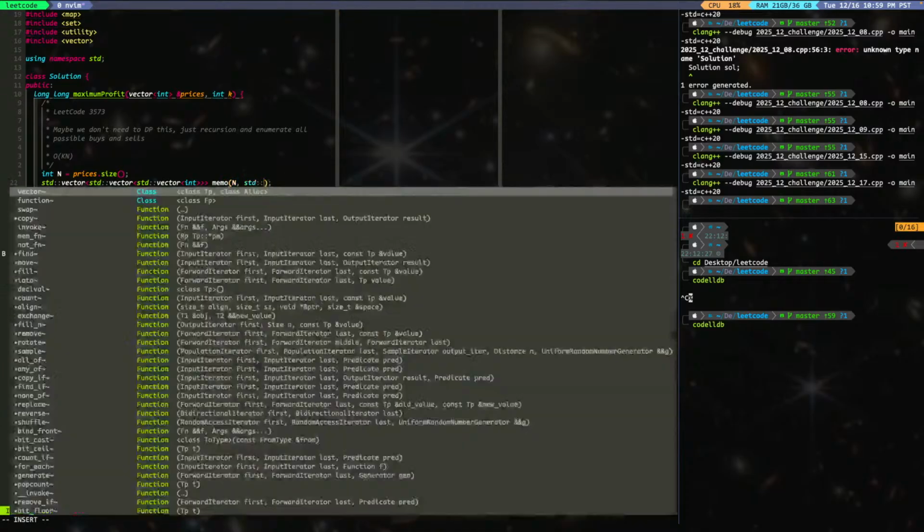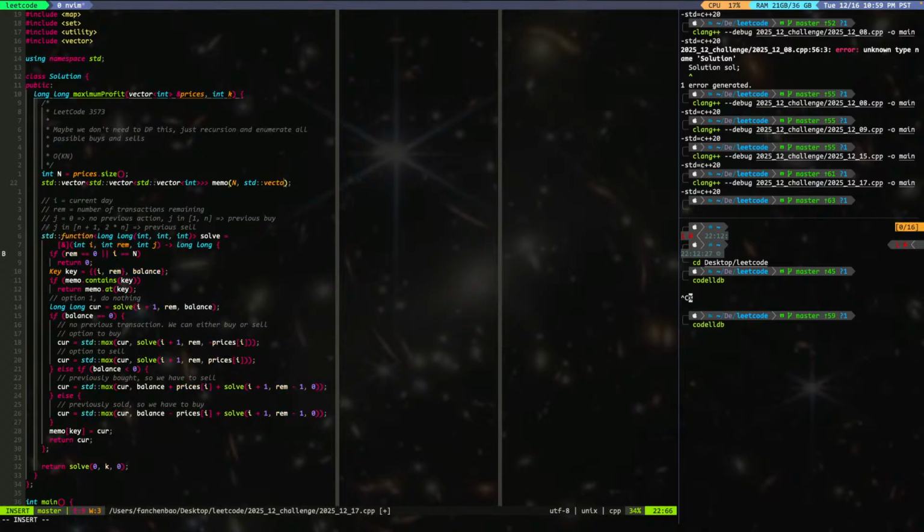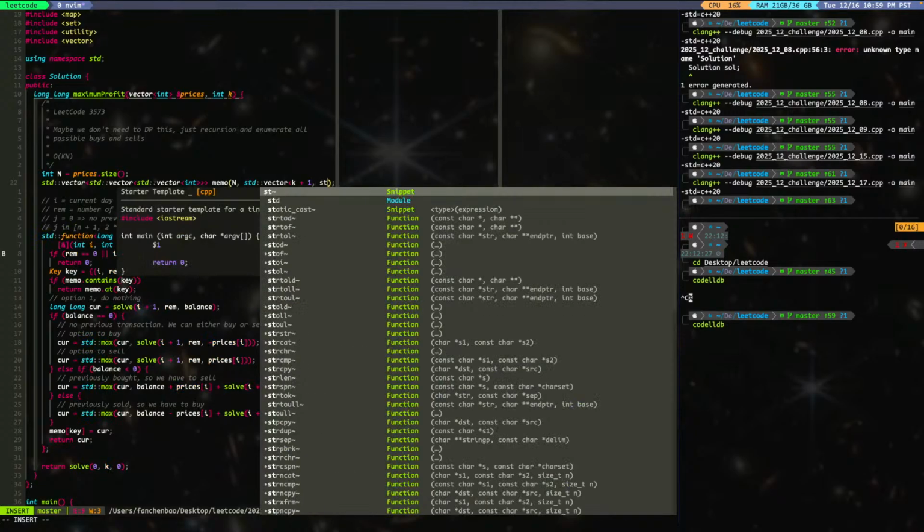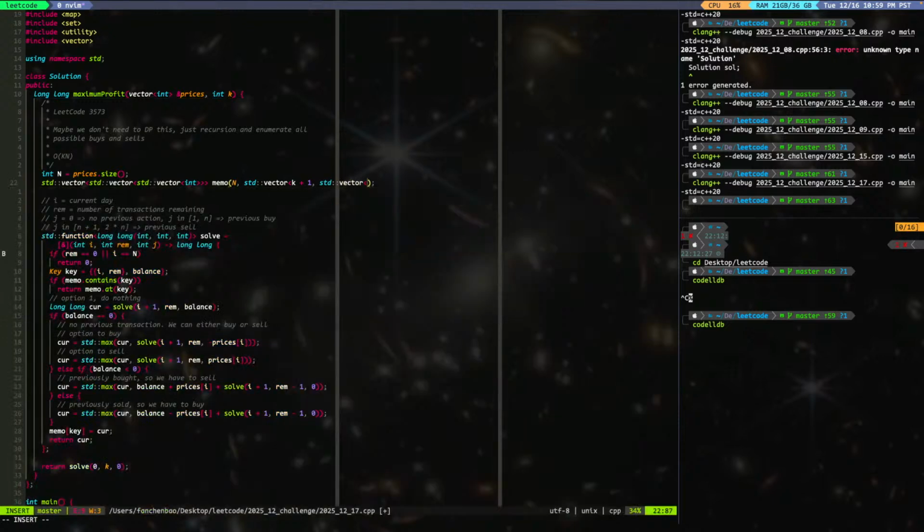N, and then vector of size is going to be k plus 1, because I need to know the remaining transactions. And the last level is going to be 2 times n plus 1. And I'm going to set everybody to this last one. What the hell are you doing, man?